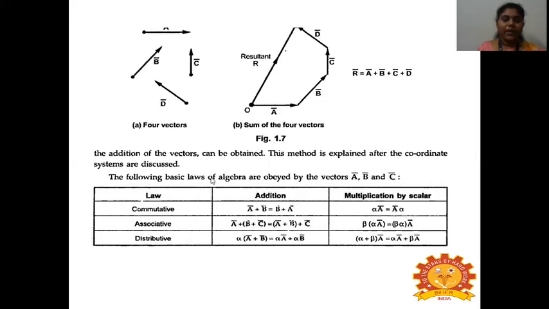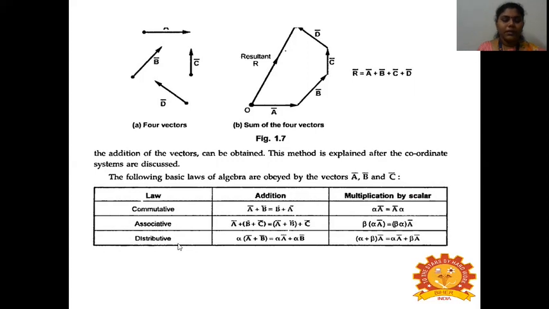Then the associative law: if we have three vectors A, B, C, then A plus B plus C gives A plus B plus C. In multiplication by a scalar, if we have two scalars, beta and alpha, first we multiply A vector with alpha, then multiply that with beta, that is beta times alpha times A vector, which is also equal to beta times alpha of A vector.